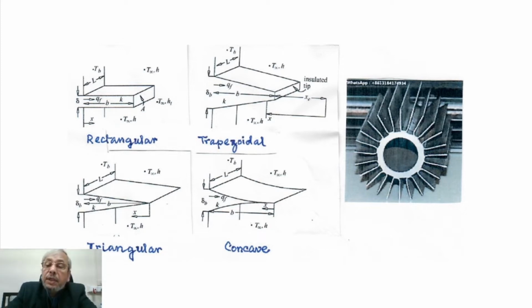It will heat up the tube and then the tube will be transferring heat to the fins, and the entire set of fins together with the tube will be cooled by the outside ambient fluid.